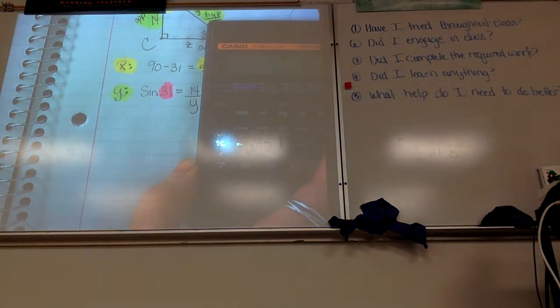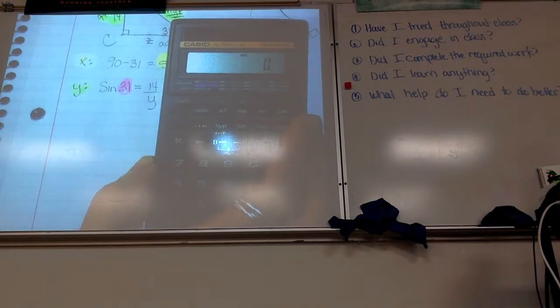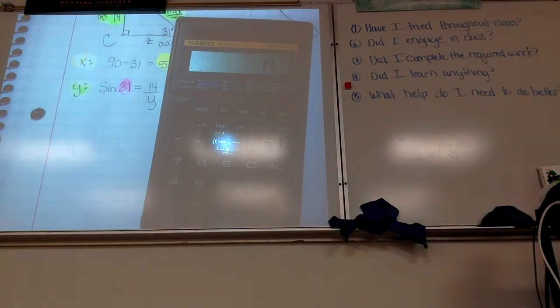So it's 14 divided by, some of you it's sine 31. For my calculators, it's the other way around. It's 31 sine. The sine of 31 is 0.5150, so you have to hit equals to be able to get the actual value. If you have a calculator that lets you plug in sine first, then do that. 27.2.